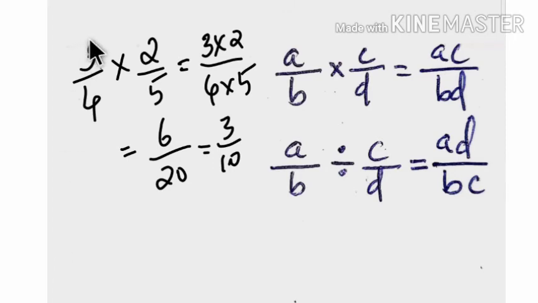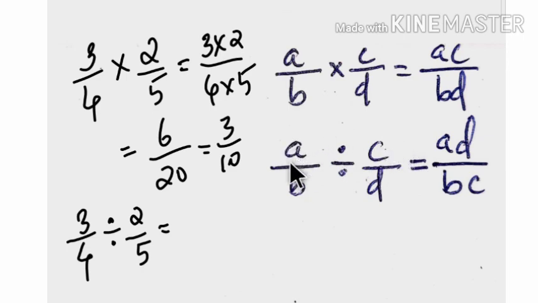Now let's divide the same numbers: 3 by 4 divided by 2 by 5. Here we are cross multiplying.